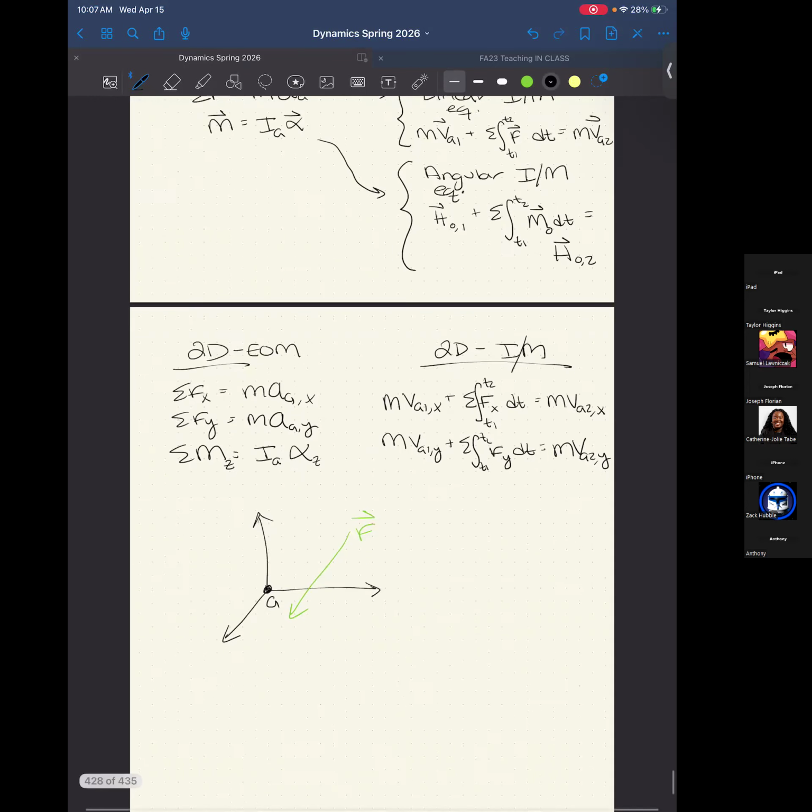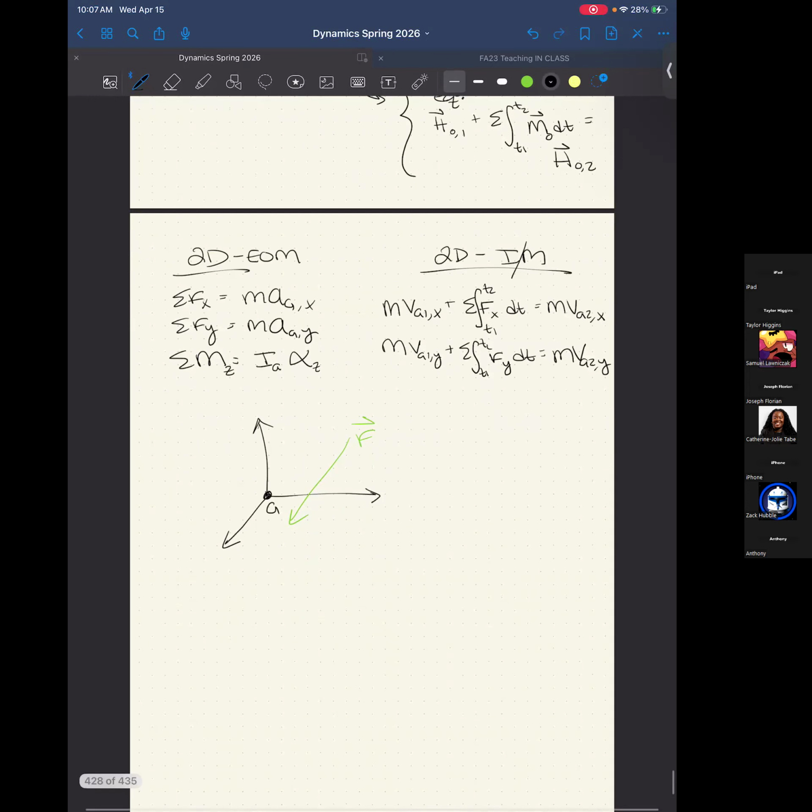What equation did we use to find the moment that this force creates about point G? We use the cross product version, right? So R as a vector cross F, where R goes from the point to the force.